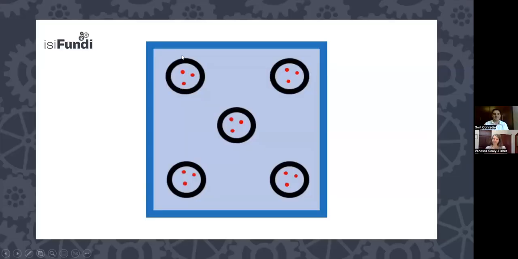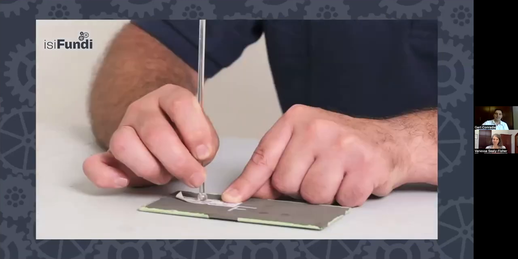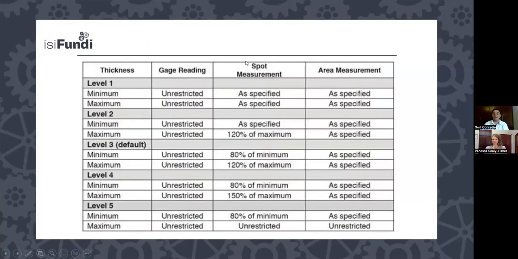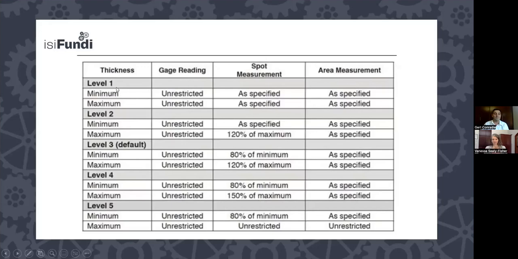But now again, I'd like to just do a screenshot of the actual standard that depicts the restriction levels. The new standard, which is the 2016 version, now has minimum and maximum levels that are allowed. And as you can see, level 3, which is the default, allows a spot measurement that is 20% lower or 20% higher than what was specified.